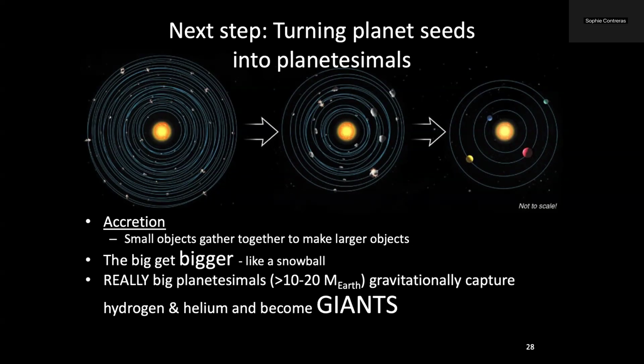And really big stuff that's 10 to 20 times larger than the Earth gets large enough that even though they can't just take gas and dust and make it into ice, they can take that gas and dust and just pull it onto their body with gravity.